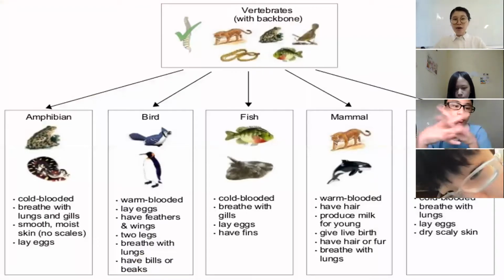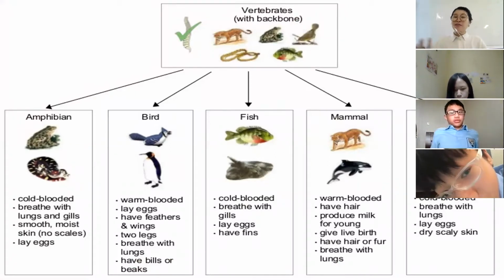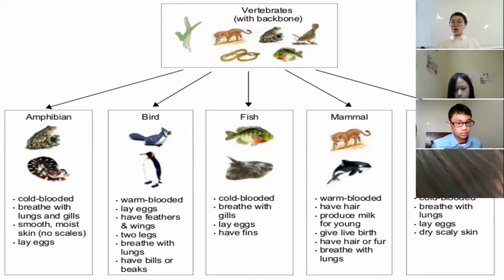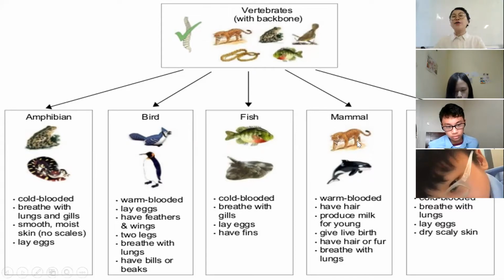Okay. As a summary, so that you will not forget the characteristics of the vertebrates: vertebrates are animals with a backbone, and vertebrates are classified into 5 groups: amphibian, bird, fish, mammal, and reptile.